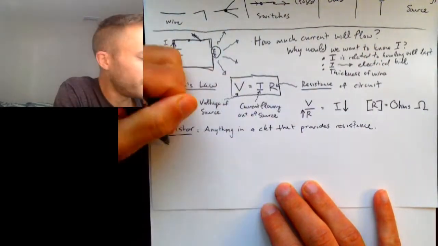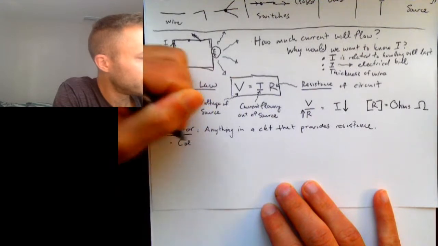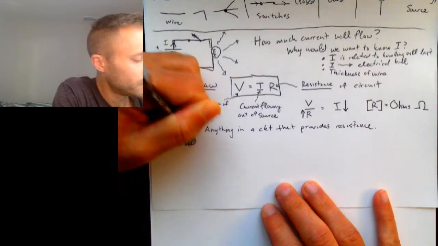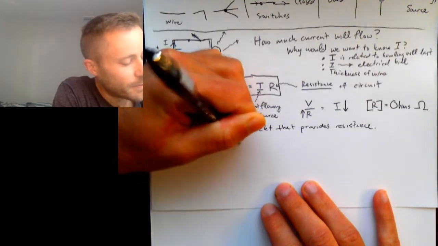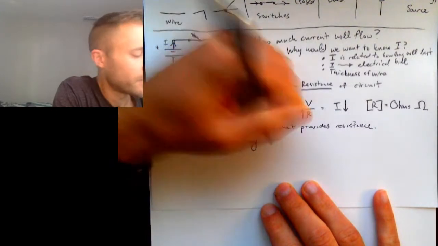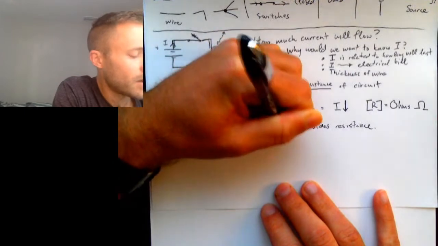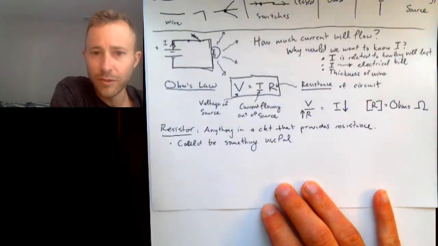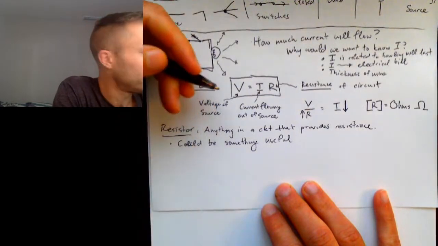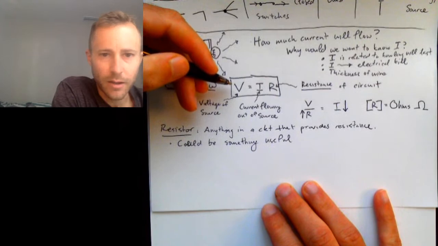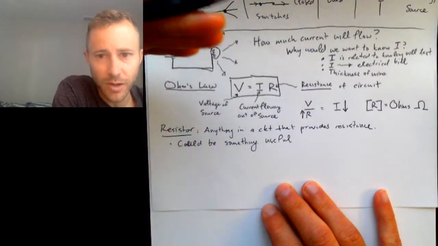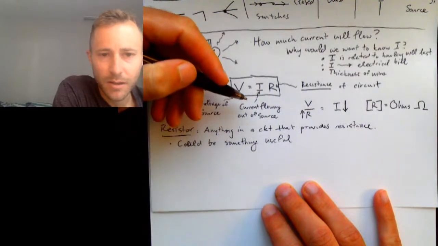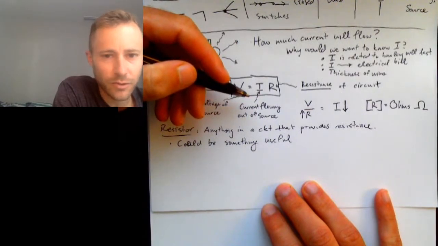So it could be something useful, something that's doing a useful task. For example, an appliance is in some sense a resistor, right? Because it's providing resistance to the circuit.